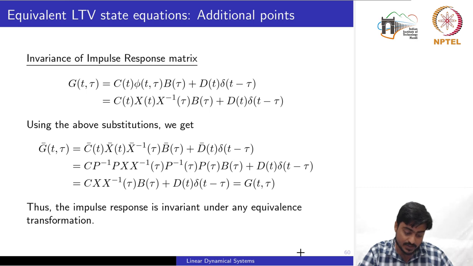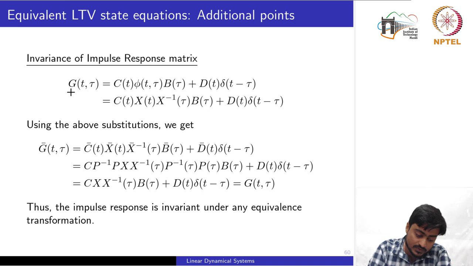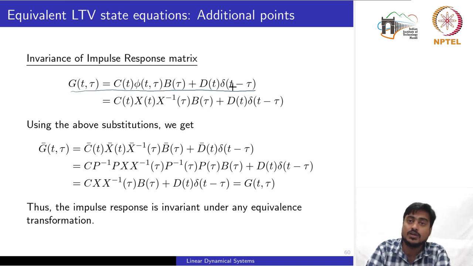The invariance of the impulse response matrix. Say for example, if G(t, tau) defines the impulse function of the original state space equation, where we have replaced phi, the state transition matrix, by the multiplication of capital X(t) into the inverse of capital X(tau). Okay, this was the solution of the state transition matrix.